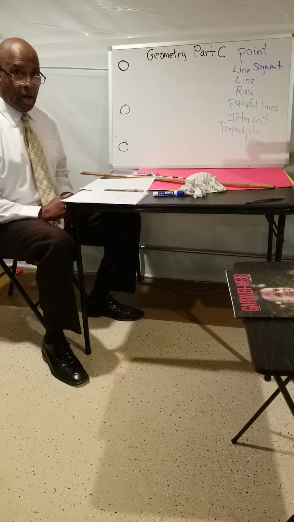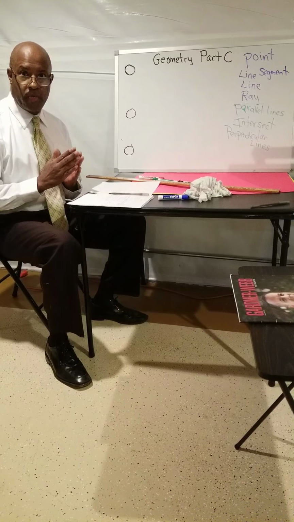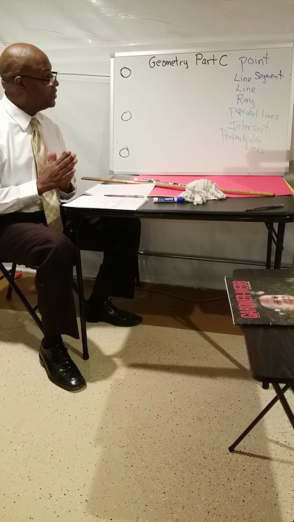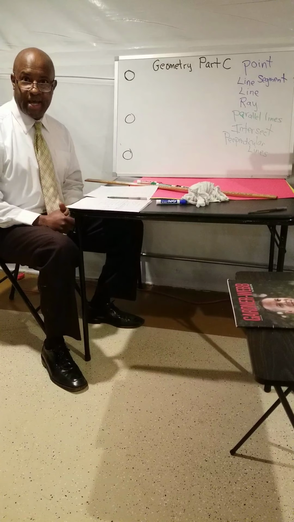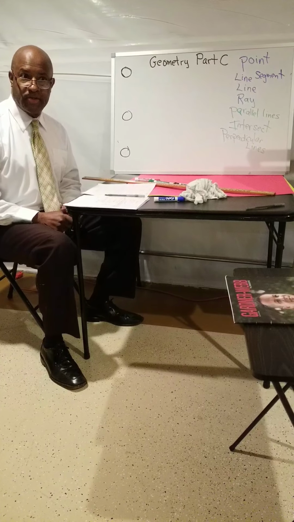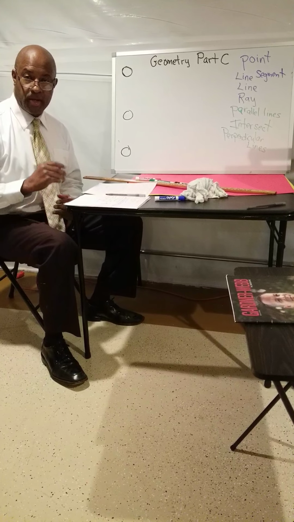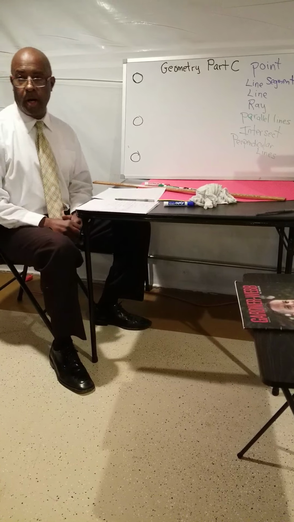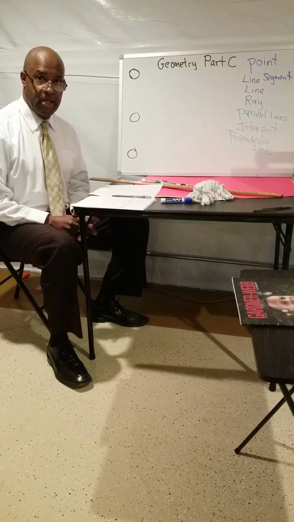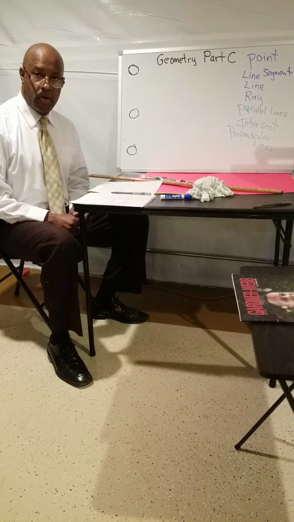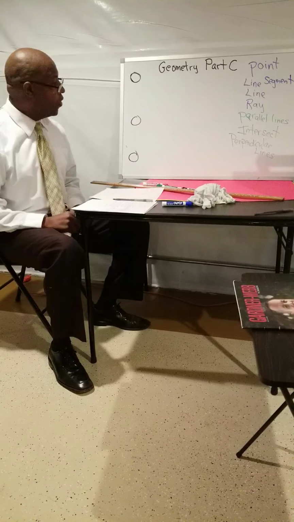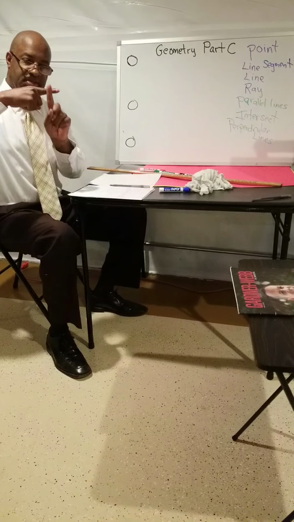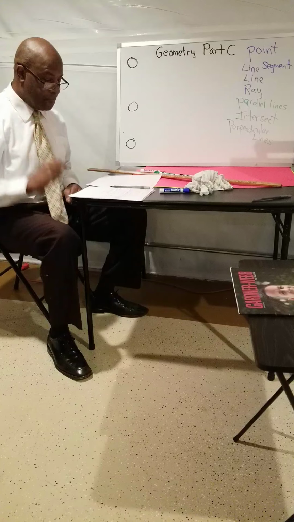Parallel lines are lines that will never meet or cross, going in both directions. Intersect means two lines or two line segments that cross one another. And perpendicular lines are lines that look like a lowercase t or a capital L.